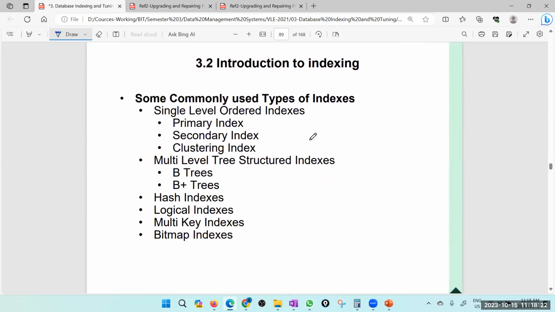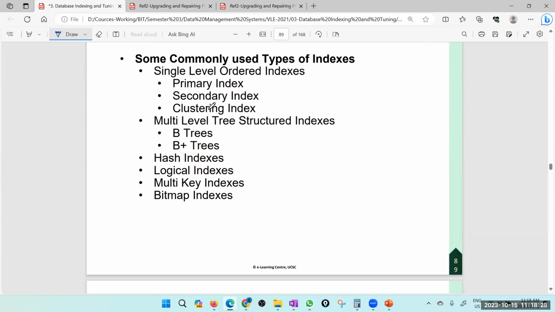Right. So when it comes to indexes or indices, we have different types of indexes. We can subdivide them into single level indexes and multi-level indexes. On the single level, we have primary index, secondary index, and clustering index. In multi-level indexes, we have B trees and B plus trees.